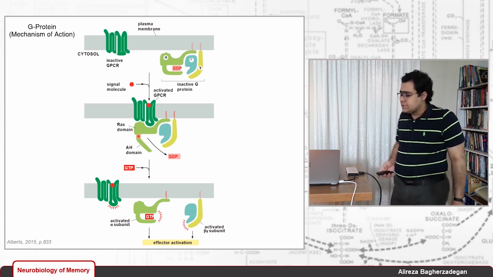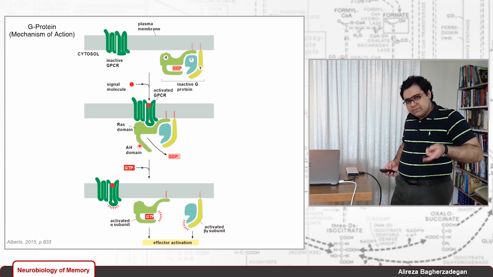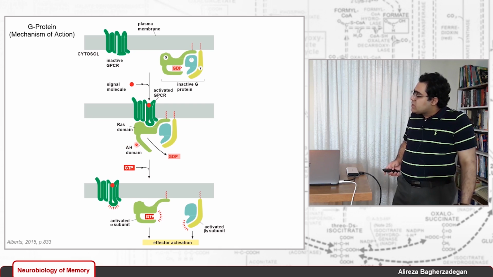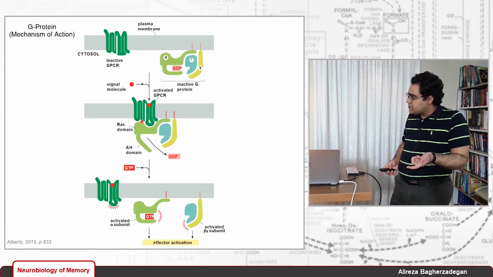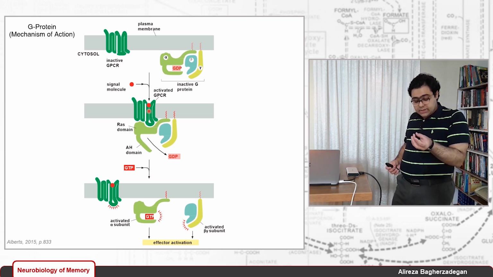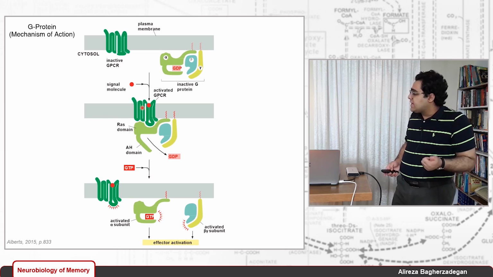The G protein coupled receptor is going to cause a conformational change in the trimeric G protein. That conformational change, shown here, is a displacement of the alpha helical domain, the AH domain. When the AH domain is displaced or opened due to the conformational change caused by the G protein coupled receptor, it no longer covers the GTP binding pocket. GDP escapes and GTP gets in, okay?